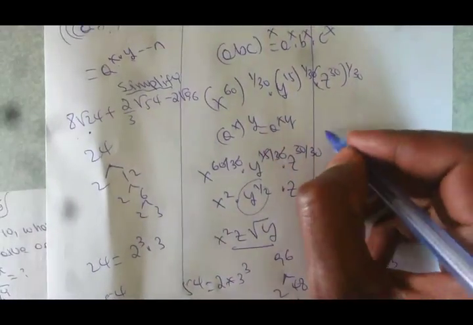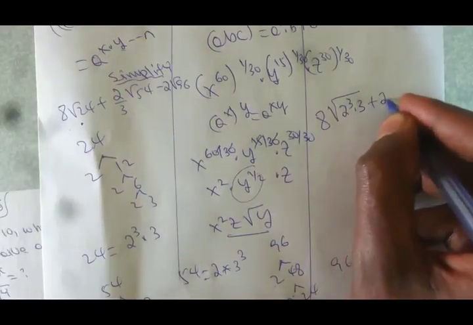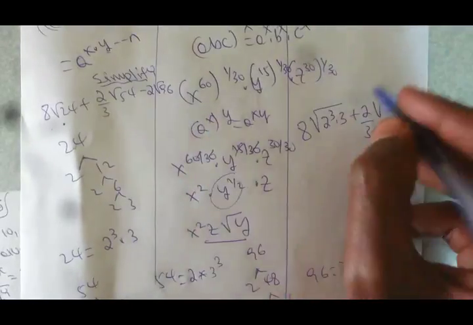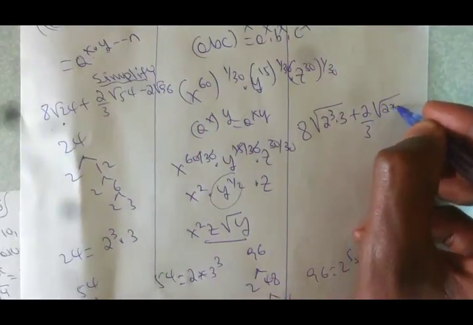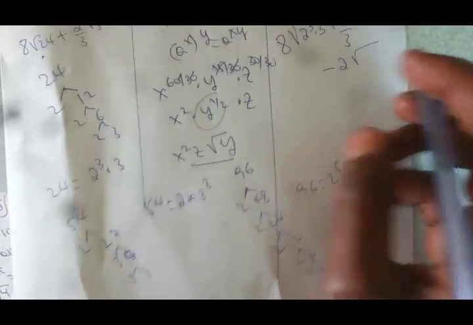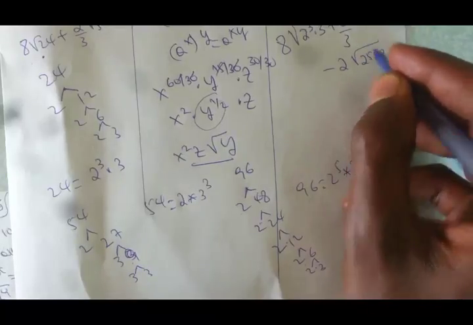Therefore, the square root of 24 is equal to 2 raised to 3 times 3, plus 2 over 3 the square root of 54, which can be written as 2 times 3 cubed, minus 2 the square root of 96, which can be written as 2 raised to 5 times 3.